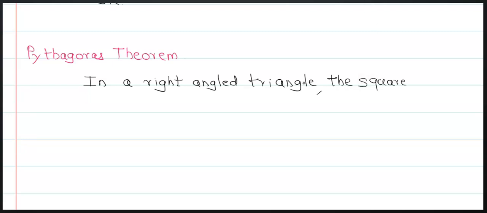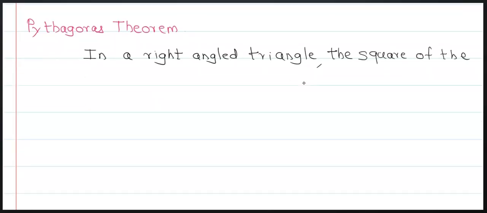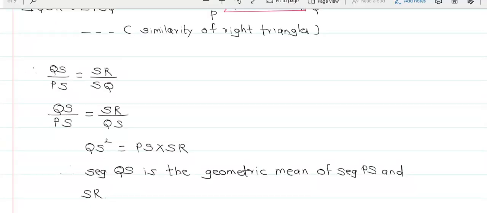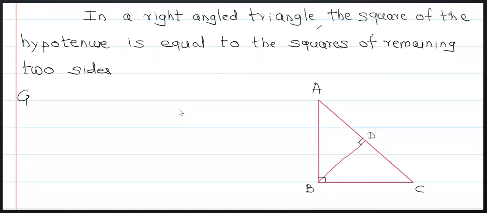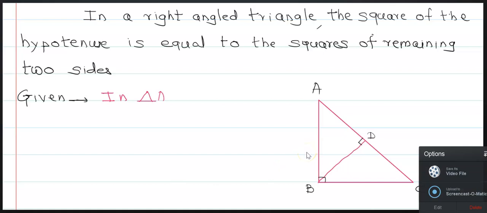In a right angle triangle, the square of the hypotenuse is equal to the sum of the squares of the remaining two sides. Now in this figure, the square of the hypotenuse, that is AC square, is equal to AB square plus BC square.